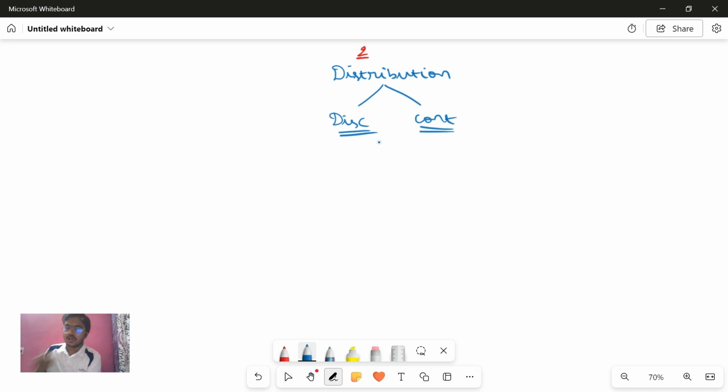When you talk of a discrete distribution, it means the random variable can take only discrete values, like integers 0, 1, 2, 3, etc. By 0, 1, I mean it cannot be 0.5 or 0.55 or anything like that. Continuous can take any value ranging from minus infinity to plus infinity.